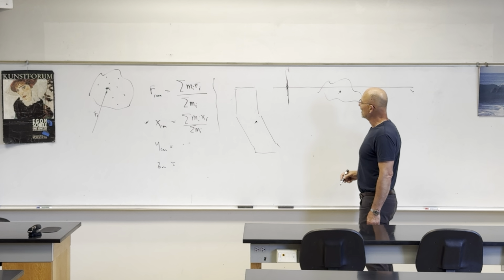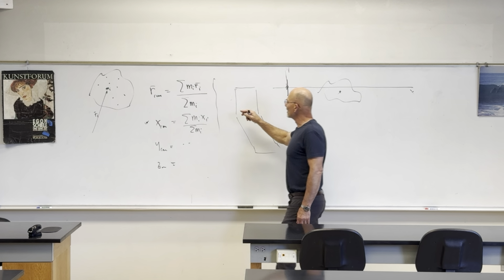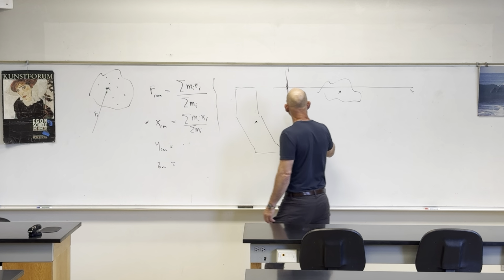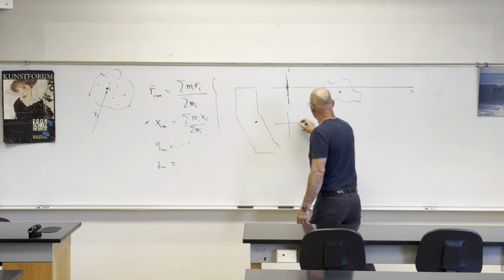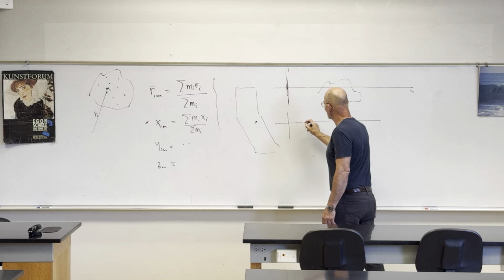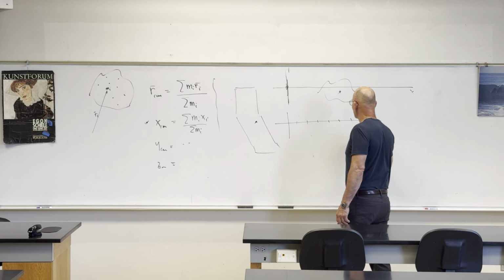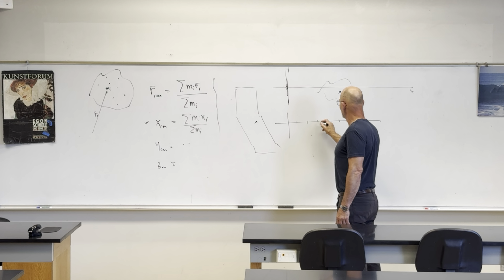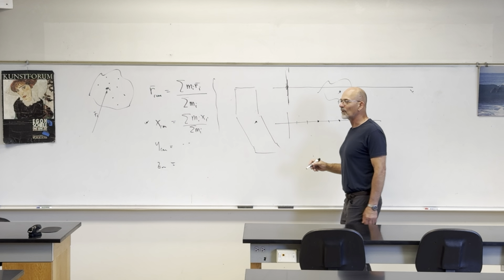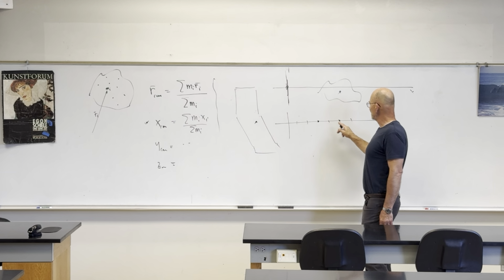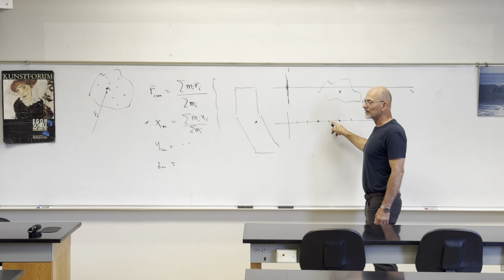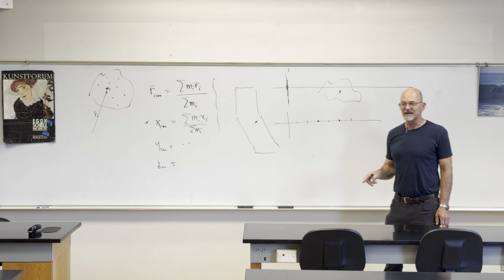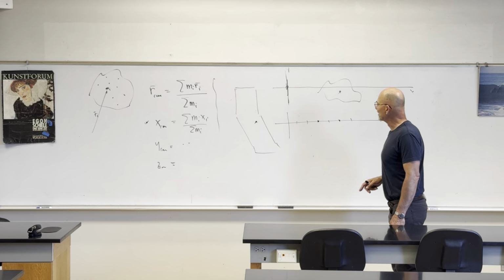We had done just a simple example: masses at 1, 3, 4, 5, 6, and I put a mass at 3 and 5. You're going to land on 4. If you have two masses here and one mass there, you're going to be closer to there and so forth. It's going to come out exactly as your intuition says.